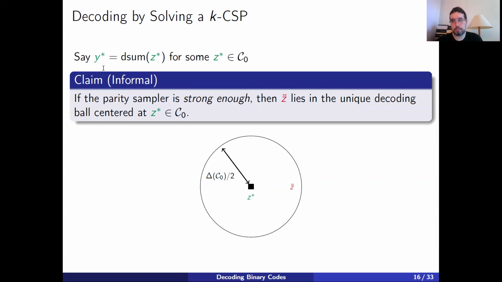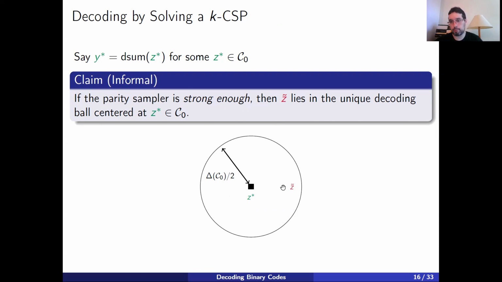And it's going to be self-correction, essentially. So here we have this Y star. It comes from the direct sum of some Z star in the base code, right? That's the code word that we'd like to retrieve. And the claim is that if the paired sampling property holds, if this collection W is a strong enough paired sampler, then this approximate solution, up to some technicalities, is going to lie in the unique decoding ball of Z star.